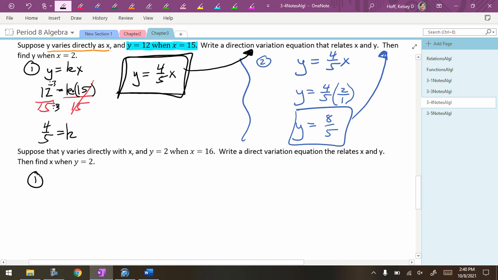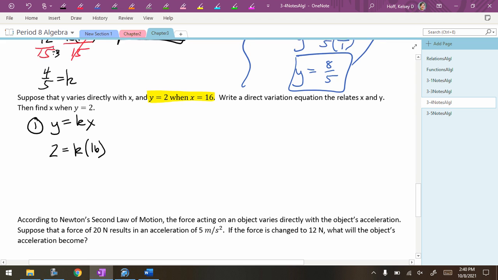Okay? What do I always start with? Y equals kx. Look at the information they give you. What are you replacing? Y and x. Y is 2. I'm going to leave k a k. X is 16.